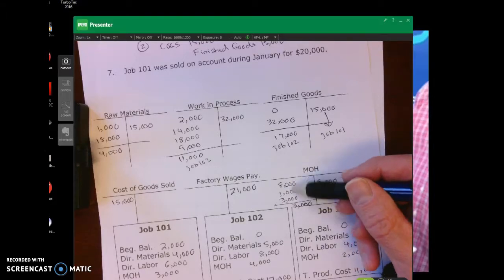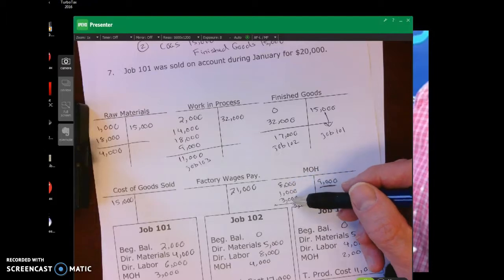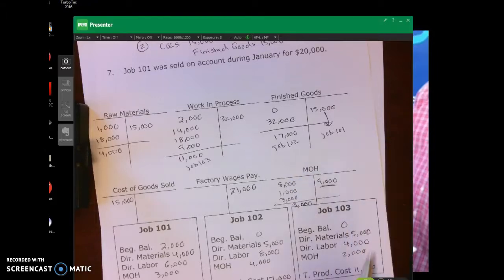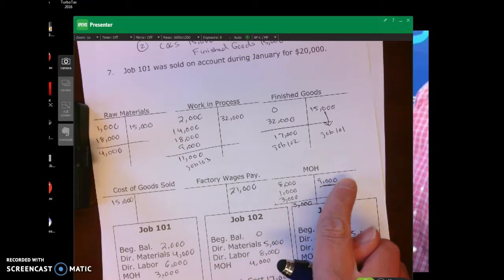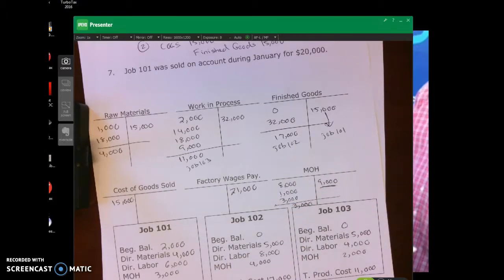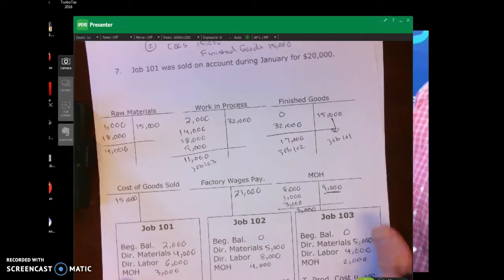The debited side over here is the actual overhead incurred. So what this is saying is our estimate was off. Our estimate was wrong. We actually have $3,000 more overhead than we thought that we would have, or that we applied. And so we need to talk about what we're going to do with that.